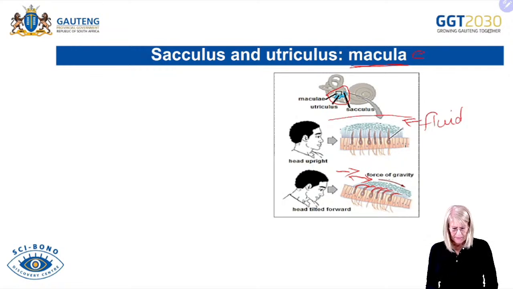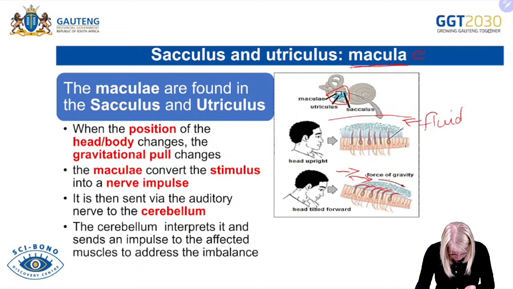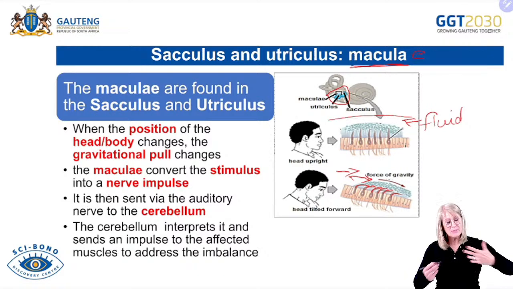All right, so let's have a look. Again, we said the maculae are found inside the sacculus and utriculus. And when the position of the head or the body changes, the gravitational pull changes. As soon as I move my head, my gravitational pull is different, because here, gravitational pull. Now, it's pulling here. Can you see it changes?